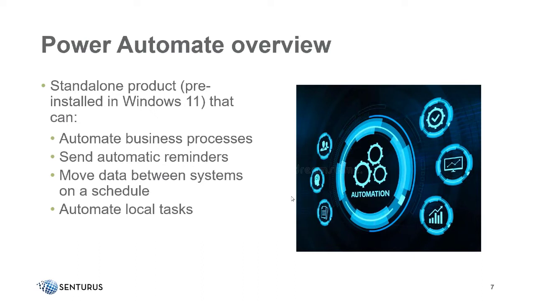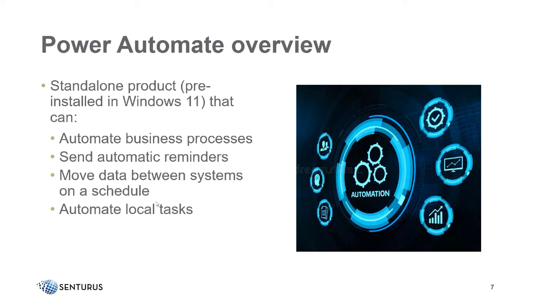You can do this with your 365 version. And what we would use it for is automating business processes, sending automatic reminders, moving data. Now, when I'm talking about these types of things, I'm talking about using it as a standalone tool, not necessarily within Power BI.